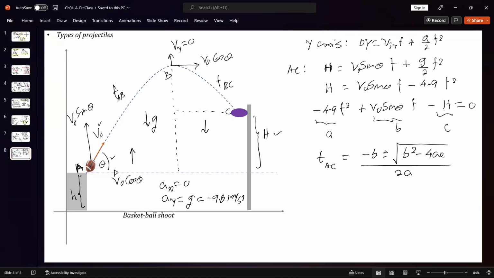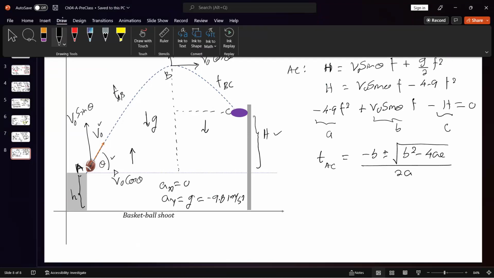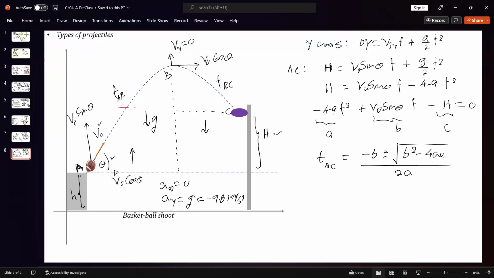Now, this is important, this time solution. Earlier, time was always positive, but in this case, if you solve for the time, you will actually get two positive time values. Two positive time values, both are correct.